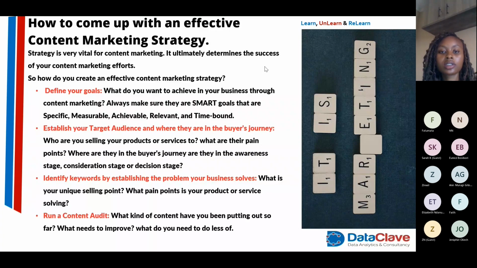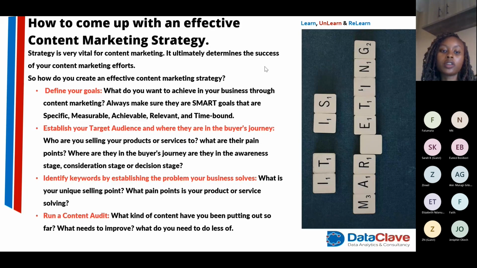Then there's the consideration stage. That's when they have narrowed down to, this is the product that I want. Maybe I want flowers, and you are the business that's providing those flowers for them. So you must come up with content in this consideration stage to show them that you are the brand they need to buy those flowers from, because your flowers are like this.